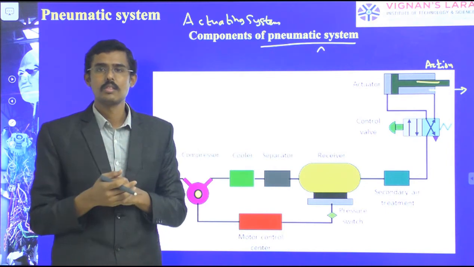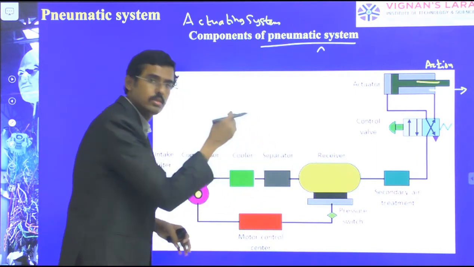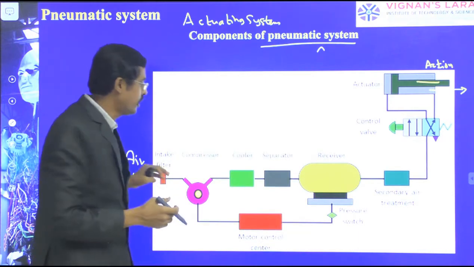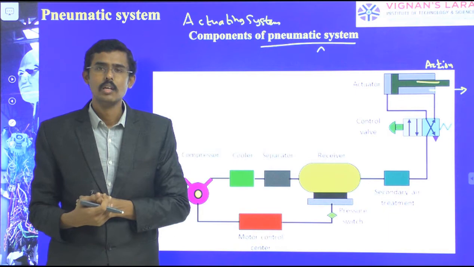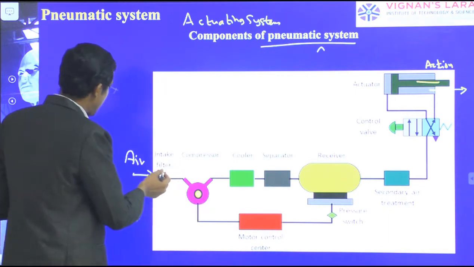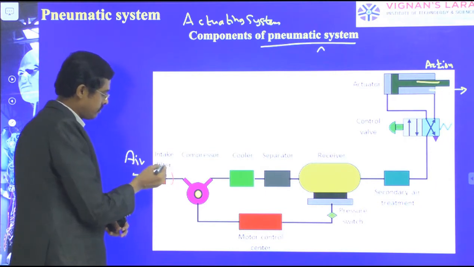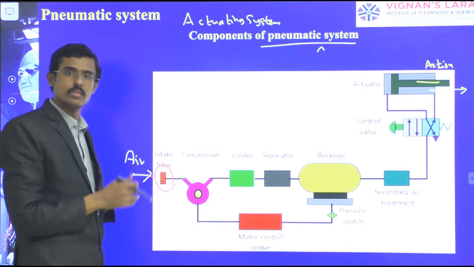Otherwise it may go into the system and block the holes, and the further processing may not take place. Therefore, I am putting a filter at the starting point itself. The dust and impurities are filtered out.